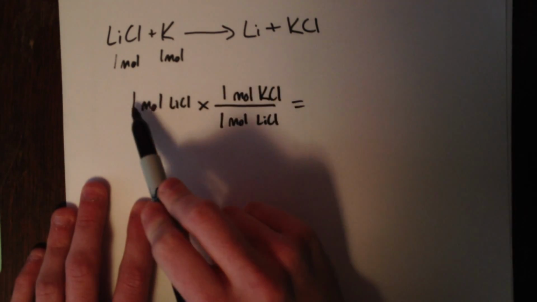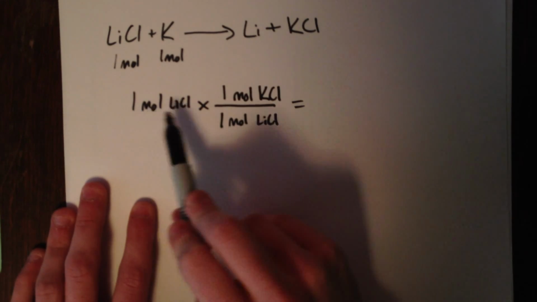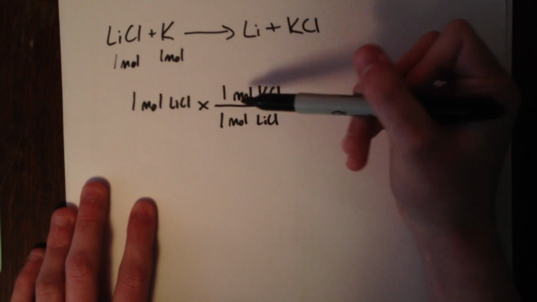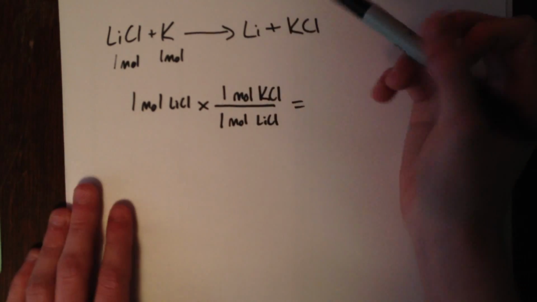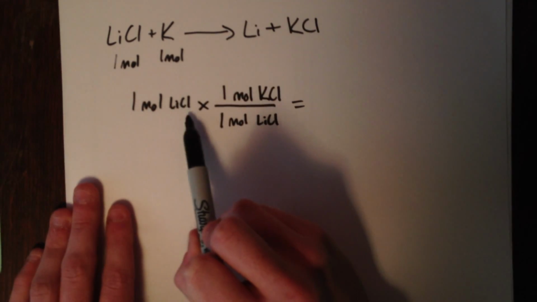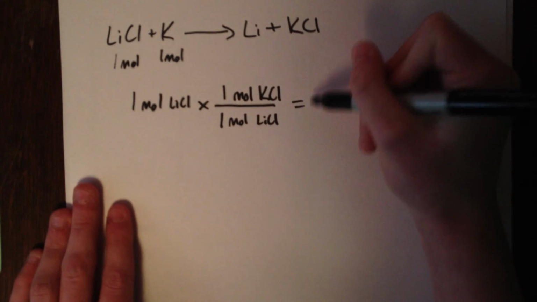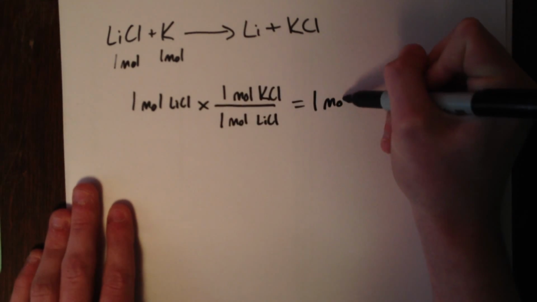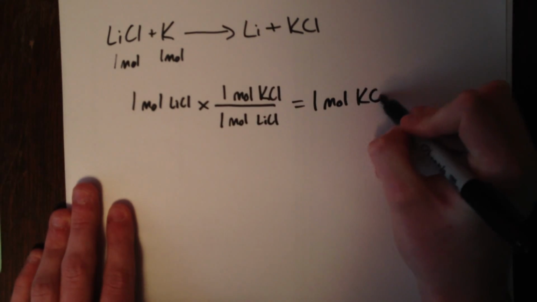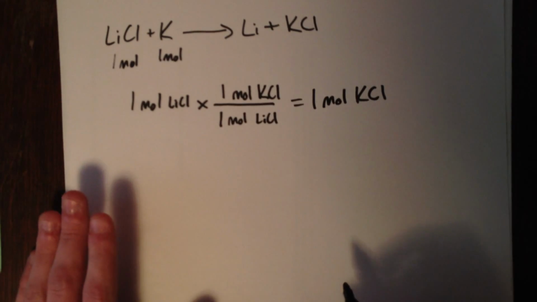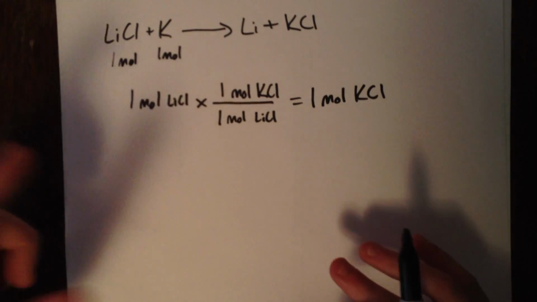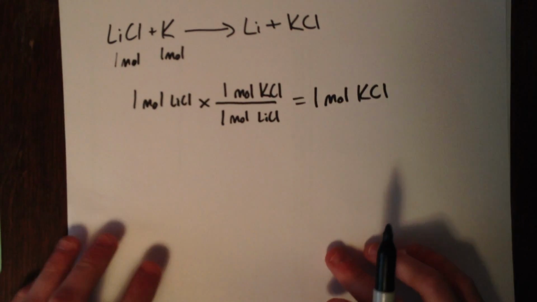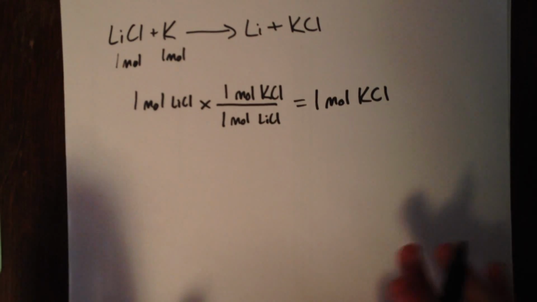Basically, what you do is you multiply the 1 mole of lithium chloride here by whatever these two are. 1 divided by 1 would be 1. So it would be 1 mole of lithium chloride multiplied by 1, and you would get 1 mole of potassium chloride. Fairly simple. It gets a lot more complicated when you start having these ones at like 3 moles and these ones at like 5, so we will look into that later.